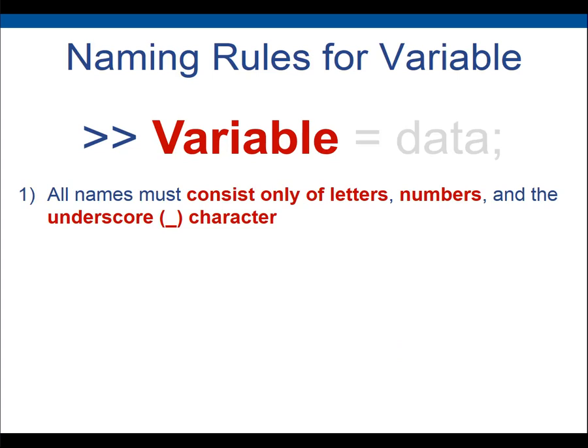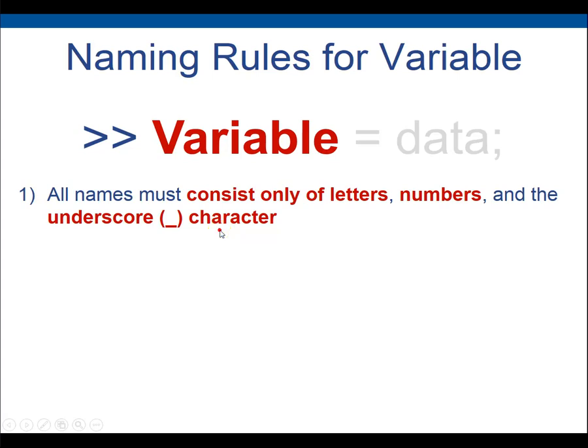So as you can see, MATLAB code always has a certain formula and a certain format: variable equals data. So this data goes into this variable. Okay, but there is a naming rule for variables. The first one is that the variable name consists only of letters, numbers, and the underscore character, not the middle score character.